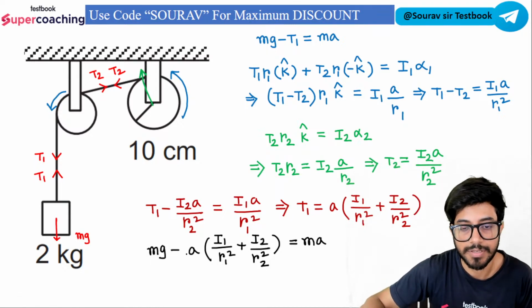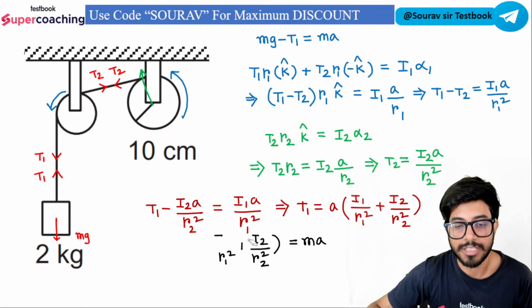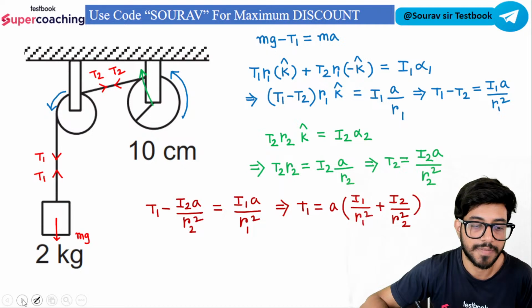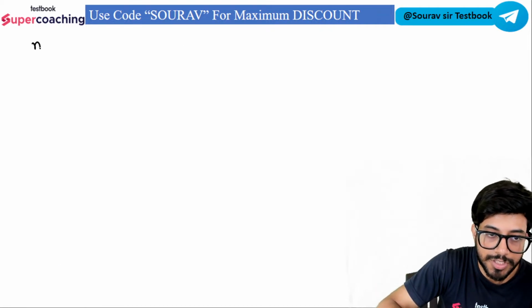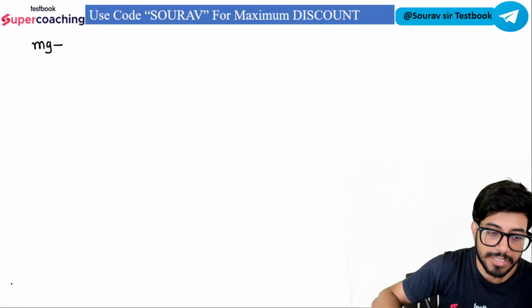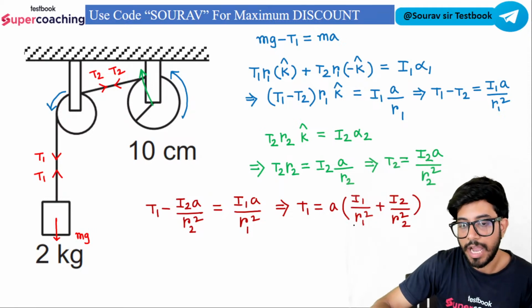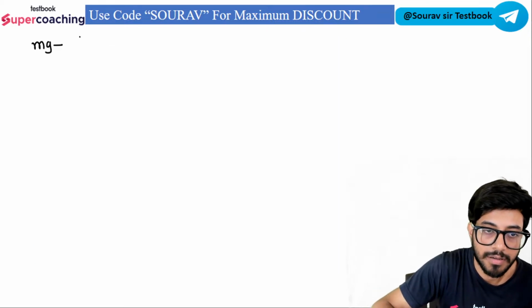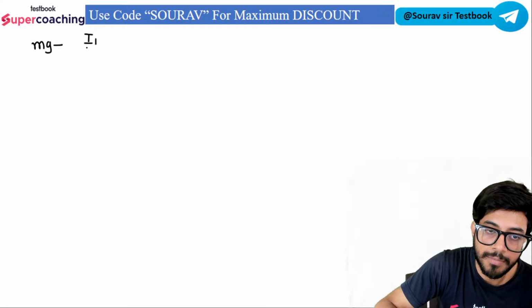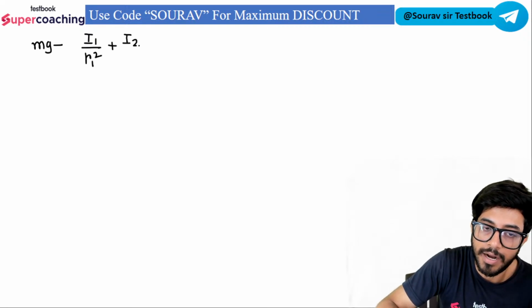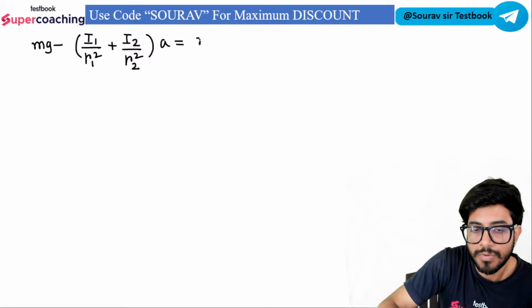On the next page, because this page will be very much congested, if I put mg minus T1, T1 is what? I1 by R1 square plus I2 by R2 square, into A is equal to m into A.